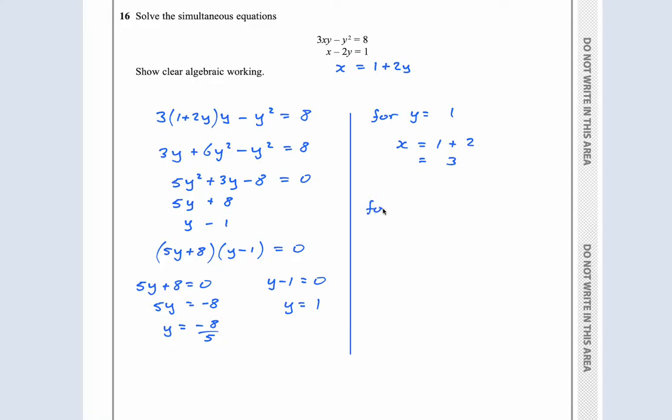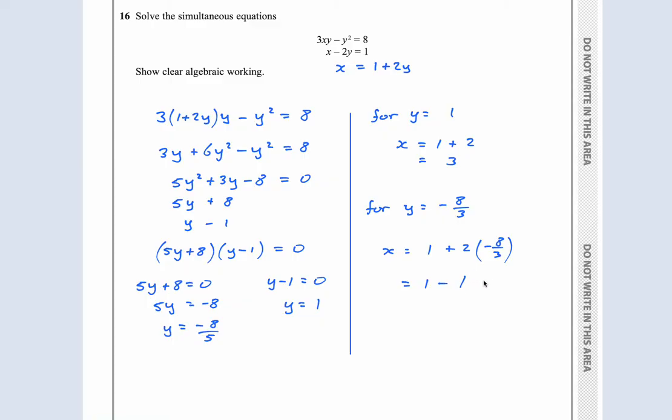And then for y equals negative 8 over 5, x equals 1 plus 2 times negative 8 over 5. I sub this into here, which is 1 minus 16 over 5.